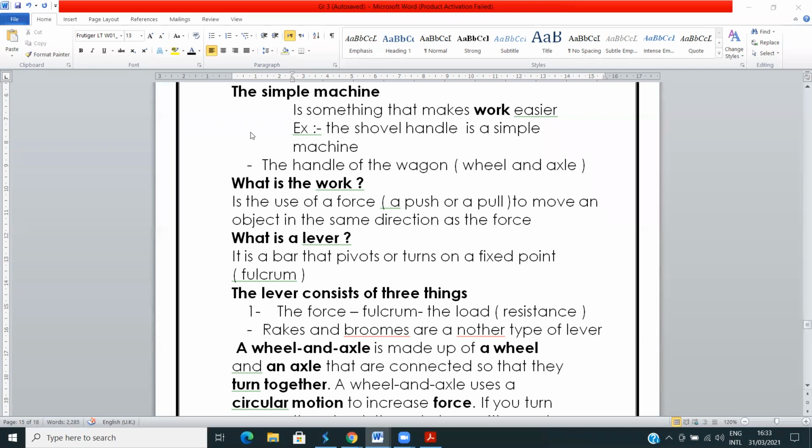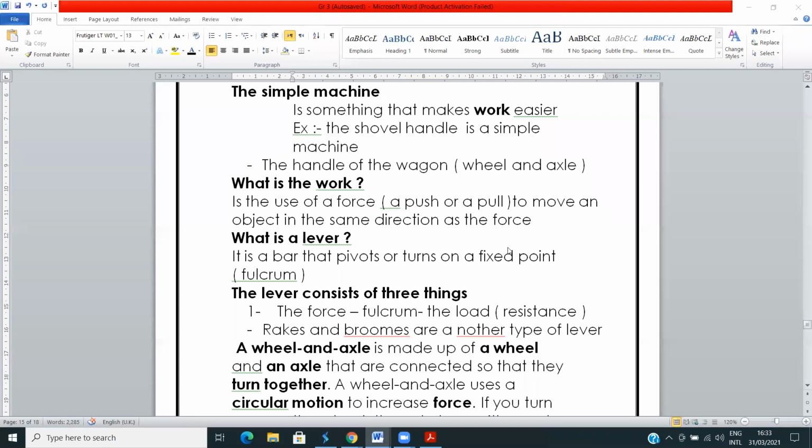Okay, here's another one. Omar Sultan, what does a lever consist of? The force, fulcrum, the load. Thanks. So the load and the effort are the same.